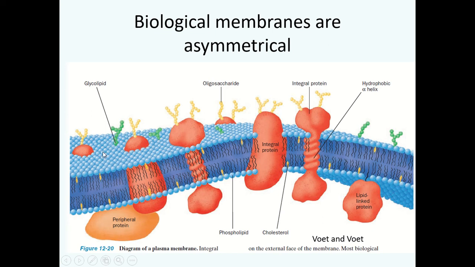So, different types of proteins are present in the membrane. Certain proteins are embedded in the membrane in such a manner that they pass through the membrane. Such proteins which pass through the membrane are called the integral membrane proteins. This is another integral membrane protein. Another one is shown here and here.